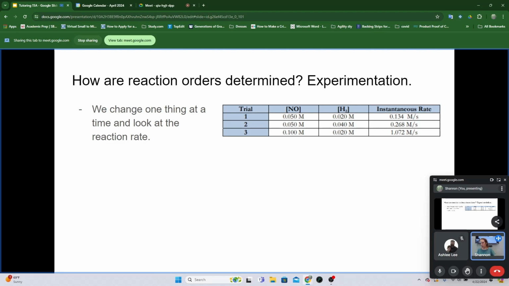Between trial 1 and 2, hydrogen is the first one we're looking at. It doubles, so the change in hydrogen is an increase by a factor of 2. Here we're just dividing one by the other and putting what that answer is: 0.04 divided by 0.02, the answer is 2. It doubled. Now when I look at the instantaneous rate between those two, it also doubled, right?